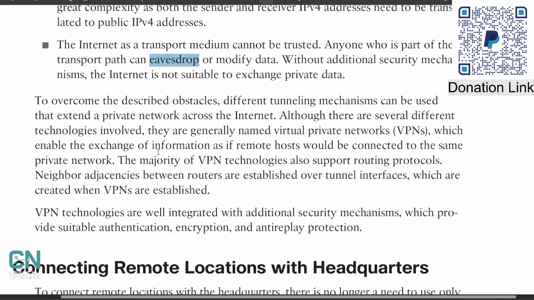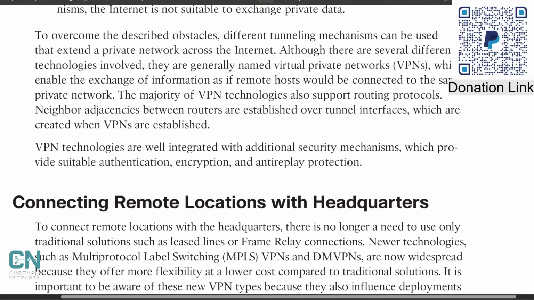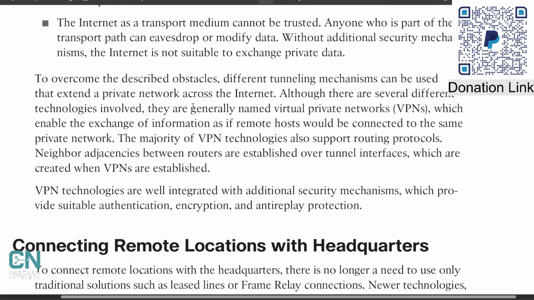To overcome the described obstacle, different tunneling mechanisms can be used to extend a private network across the internet. Although there are several different technologies involved, they are generally named virtual private networks, as we know, VPNs, which enable the exchange of information as if remote hosts were connected to the same private network.